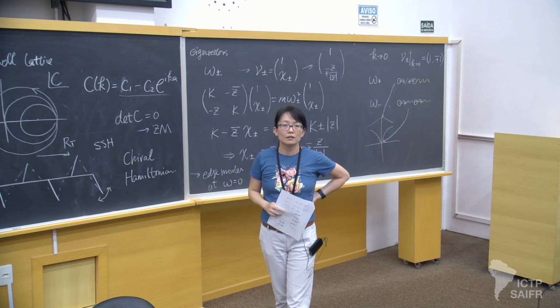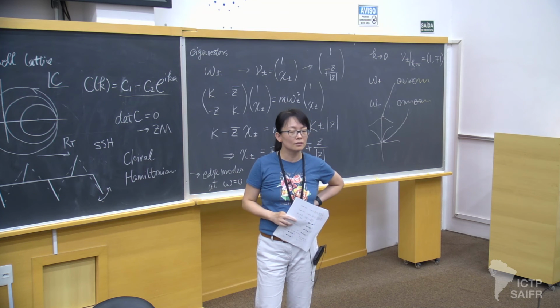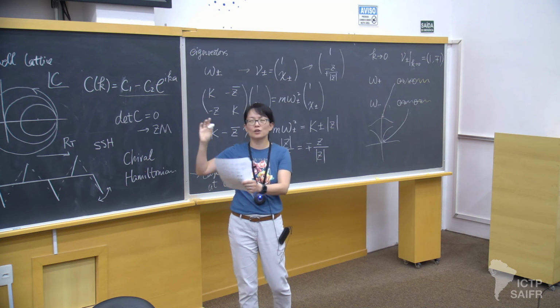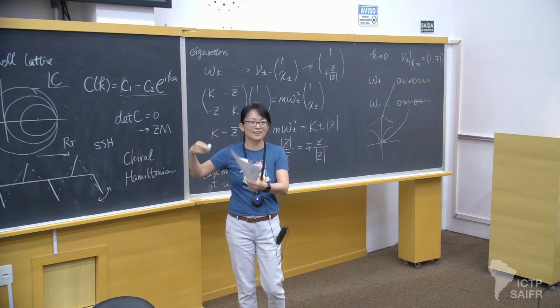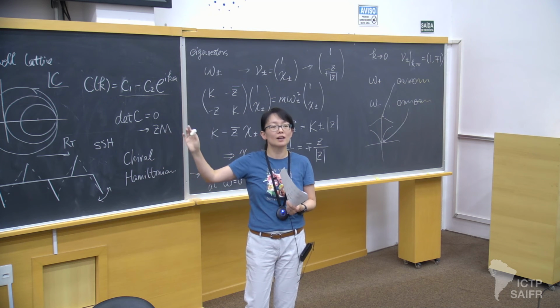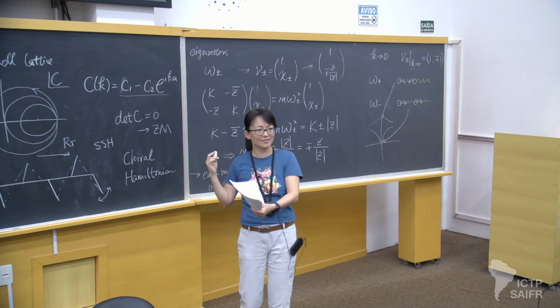Does that system have a topological polarization like this one, or not? They are different. So the topology is the same topology, but how it maps to the mechanical modes is different in these two models. Okay?